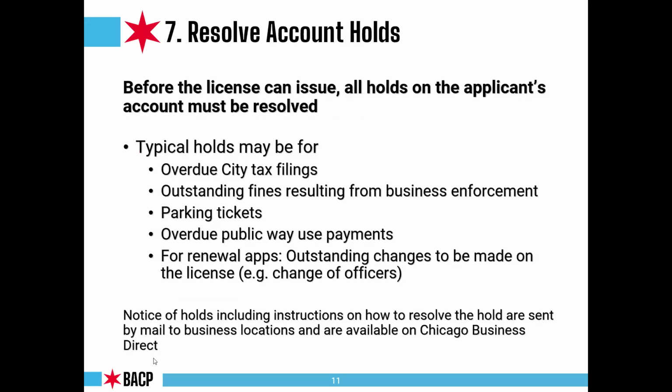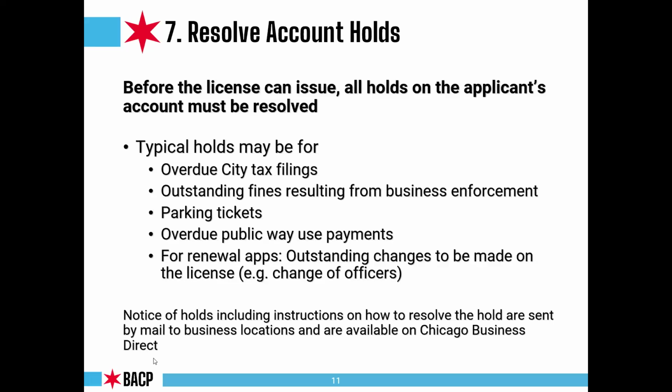Now, before the license can be issued, any holds that come up must be resolved. And typical holds include holds by the Department of Finance due to having an outstanding water bill or parking debt.